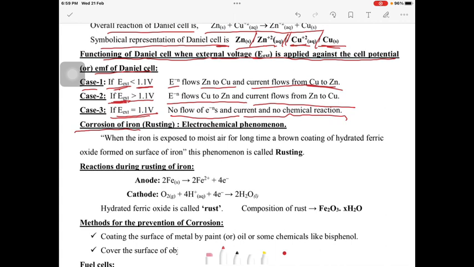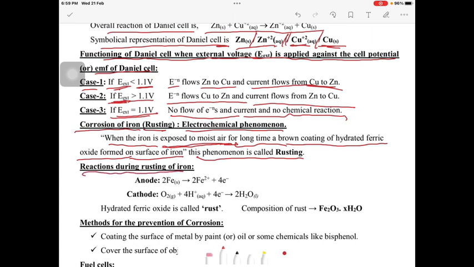Corrosion of iron, we will call it rusting. It is an electrochemical phenomenon. When iron is exposed to moist air for a long time, a brown coating of hydrated ferric oxide forms on the surface of the iron. This phenomenon is called rusting.